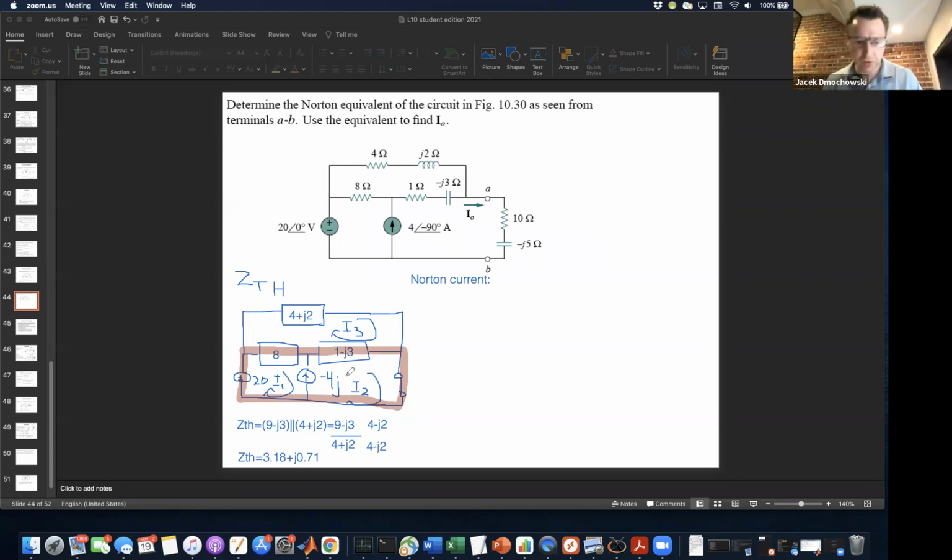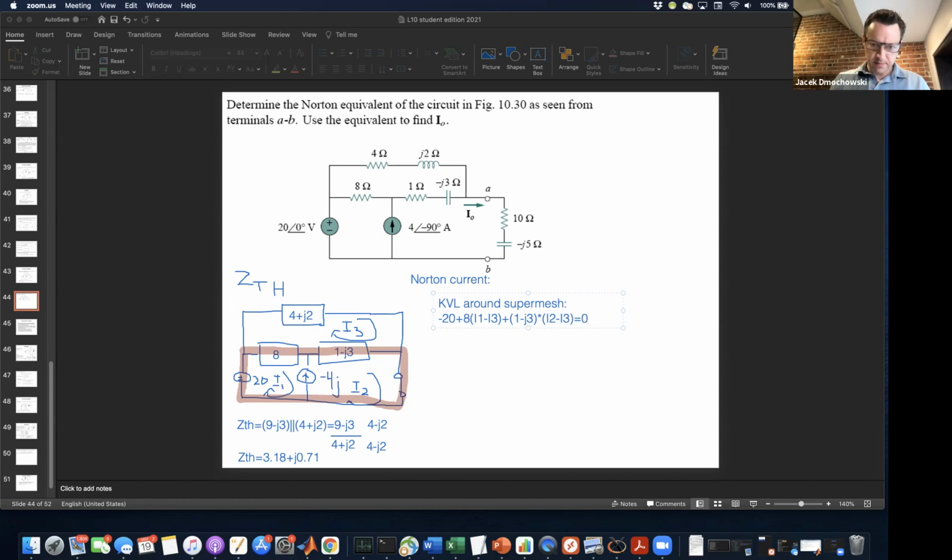So what we're going to do is write KVL around the super mesh. That will give us minus 20 plus 8 times I1 minus I3 plus 1 minus j3 times I2 minus I3.